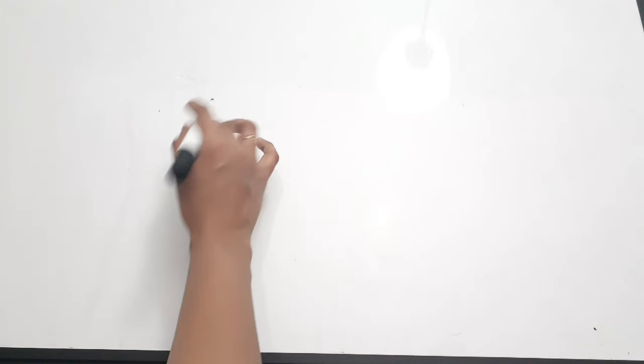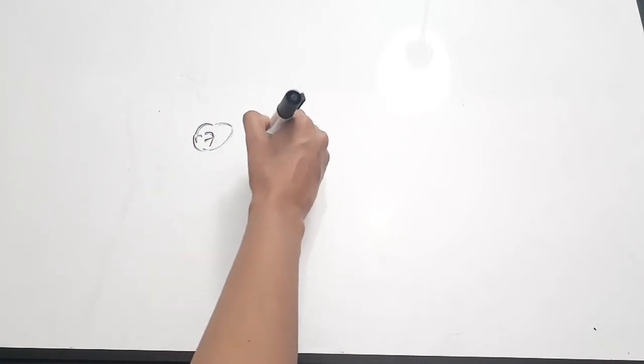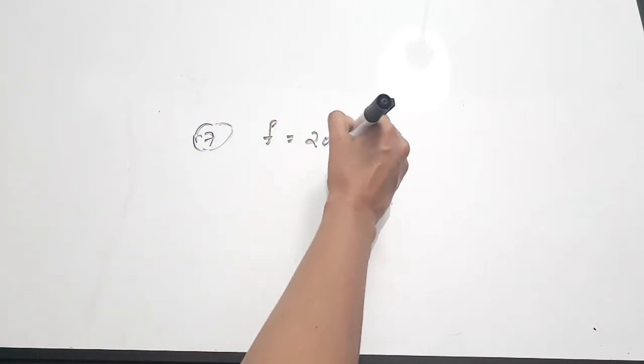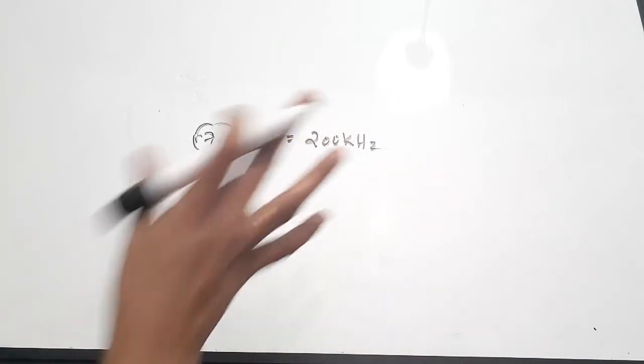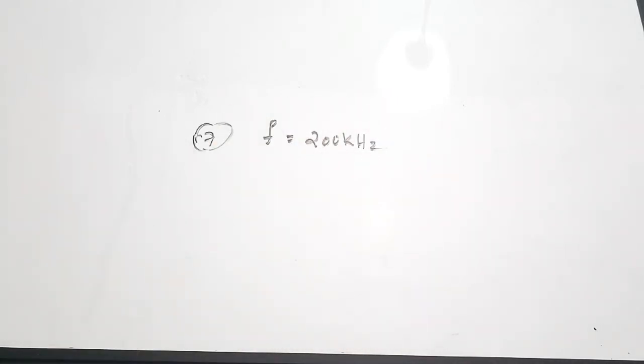So the frequency F is equal to 200 kilohertz. This is the frequency. Now, we are designing a serial shift register. In a serial shift register, the bits enter serially, meaning 1 bit at a time, or 1 bit in one clock period, right?